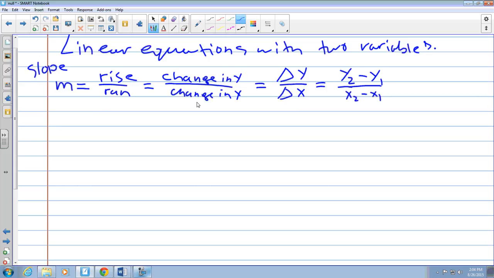So therefore, in order to define a unique line, I need 2 things. I need to have a slope, and I need to have a point. Having these 2 things, I can find the equation of a line. So somebody said mx plus b a while back, right? So these are some equations.